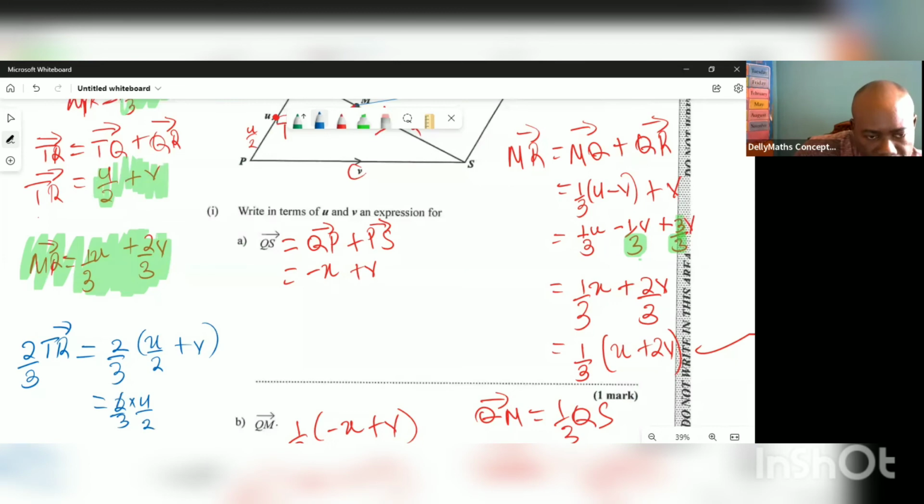So you could see that the 2 cancels. Plus 2/3 V. And then, with the cancellation, let's check this out. We would have 1/3 U and 2/3 V.